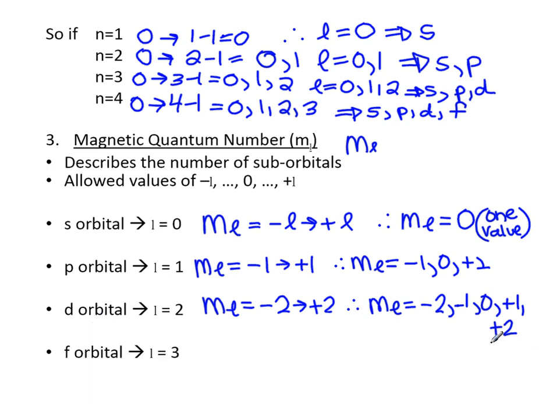And finally, f orbitals, ML will be from -3 to +3. So -3, then we want to do -2, -1, 0, 1, 2, 3. When we count these up, 1, 2, 3, 4, 5, 6, 7. 7 values, 7 suborbitals. How many different shapes of f orbitals do we have? There are 7.